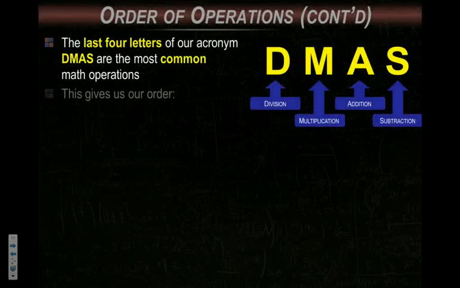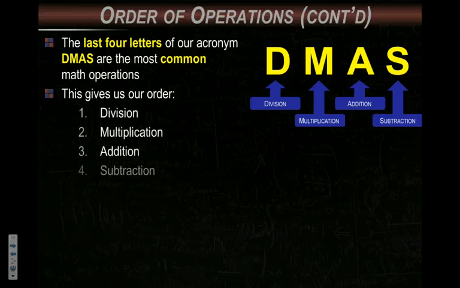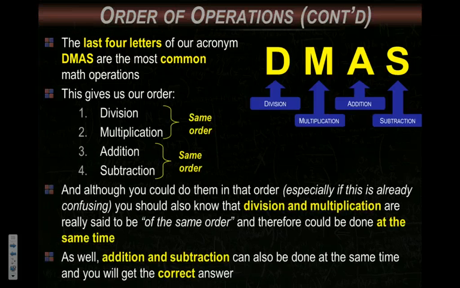Now, the last four letters, DMAS of BEDMAS, stand for division, multiplication, addition, and subtraction. But there's a little catch here. Division and multiplication are considered to be of the same order, or the same precedence, which means it kind of doesn't matter if you do division first or multiplication first. Same with addition and subtraction.